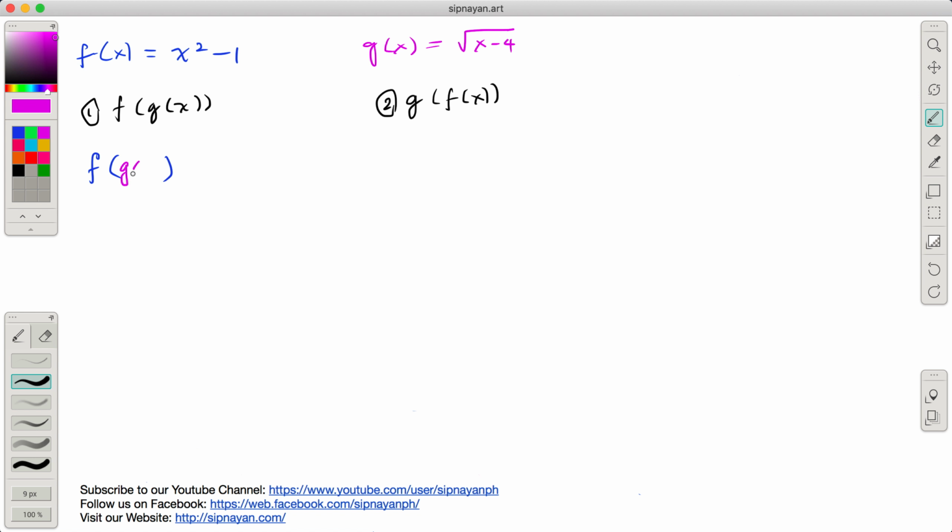Ang isang way pa na pag-write niyan, hindi pa natin na-discuss sa mga previous videos, ay equal to f, tapos ipapasok natin yung value itself or the expression itself. So, f of square root of x minus 4. Equal naman silang dalawa, so pwede natin i-replace, di ba?